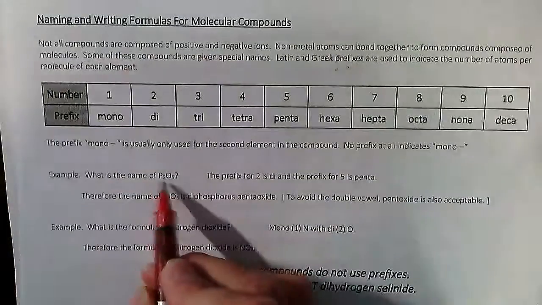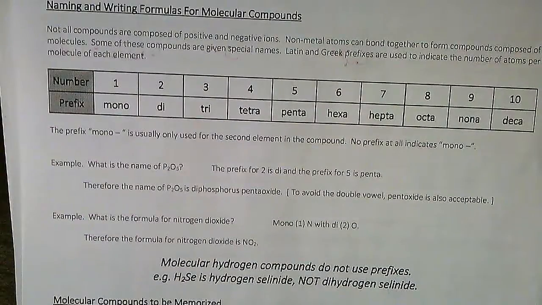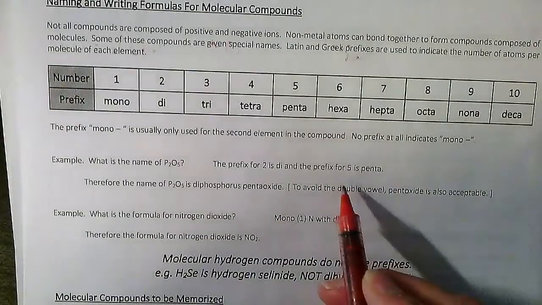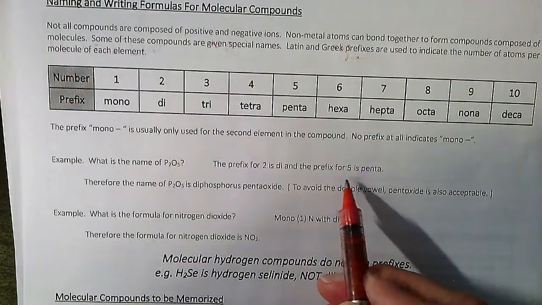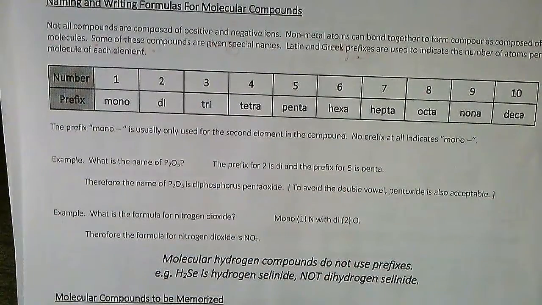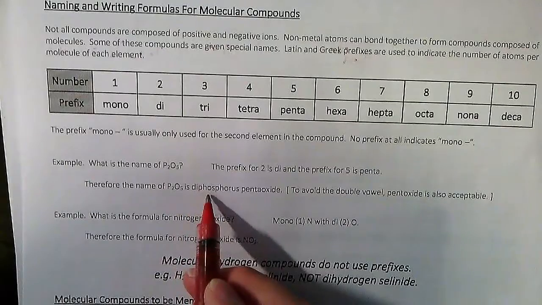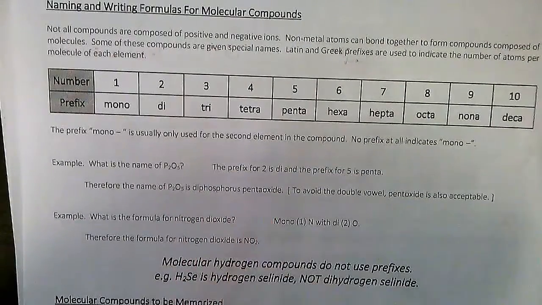So if we look at P2O5, there's a prefix of di for the phosphorus, and there'd be a prefix of 5, penta, for the oxygen. So we end up with diphosphorus pentaoxide.